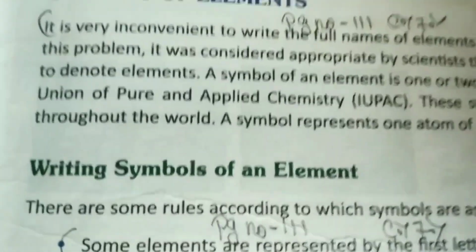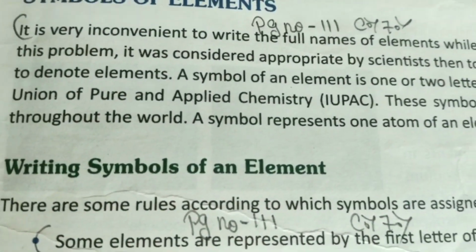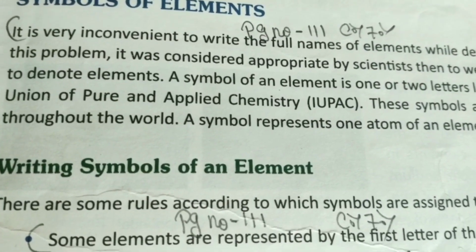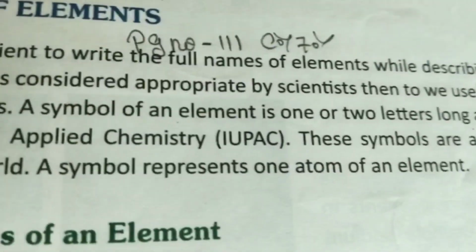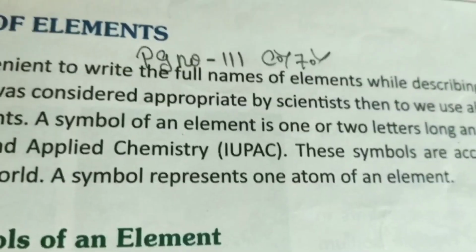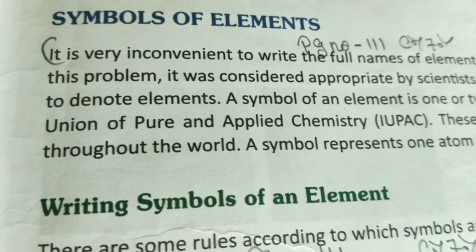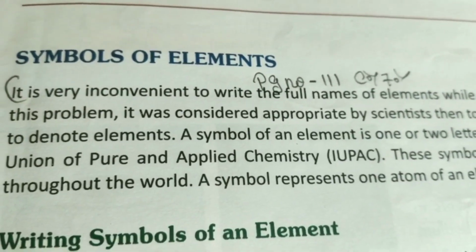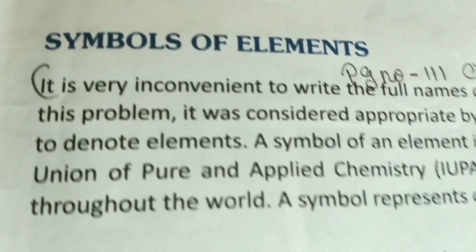This was decided by the International Union of Pure and Applied Chemistry, or IUPAC. They defined a symbol as follows: a symbol of an element is one or two letters long and is chosen by the International Union of Pure and Applied Chemistry. It is used to denote elements.